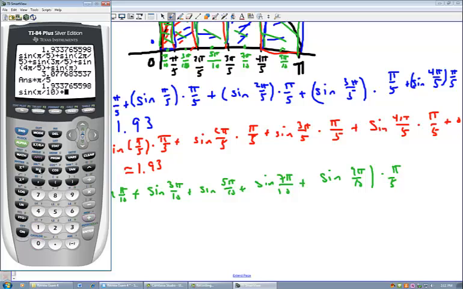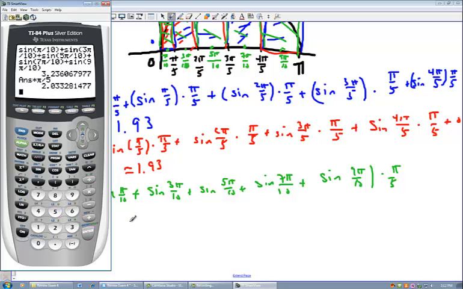And then I have sine of 3 pi divided by 10 plus sine of 5 pi divided by 10 plus sine of 7 pi divided by 10, and then finally plus sine of 9 pi divided by 10. So if I hit all the correct buttons, this is what you'll get out, and then I'll multiply that by pi over 5 on the end.